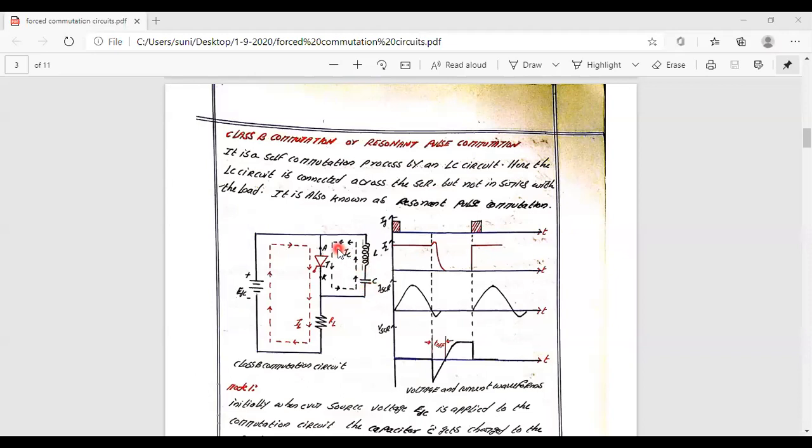As soon as a closed path is provided by the conduction of this SCR, the capacitor starts discharging. What is the capacitor discharge path? It goes from the positive plate to the inductor, the inductor to the main switching device, anode, cathode, and negative. This dotted line represents the discharge path of the capacitor.